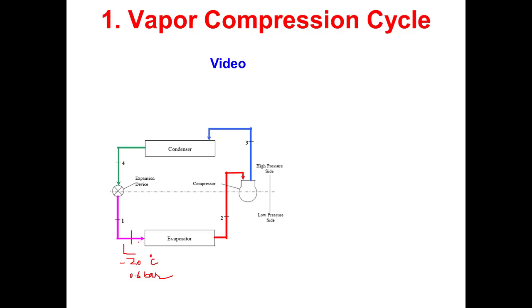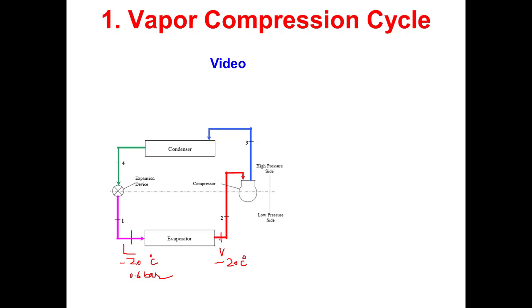So that liquid refrigerant absorbs heat from the evaporator. Now it will be in the form of vapors, right? But this is a phase change process. So that means at minus 20 degrees centigrade, again the temperature will be constant because this is a phase change process. So all the heat from the evaporator is absorbed by that liquid refrigerant. Now it is converted into vapors.